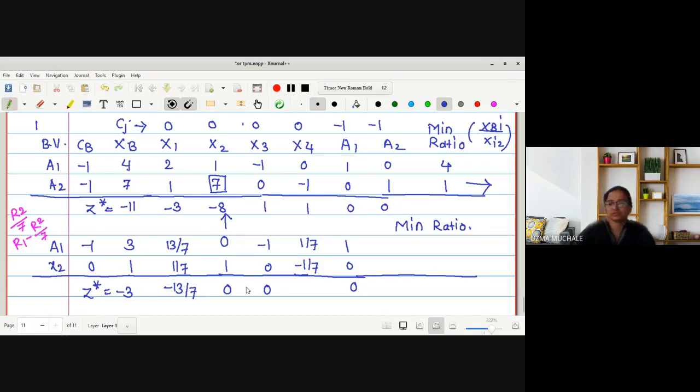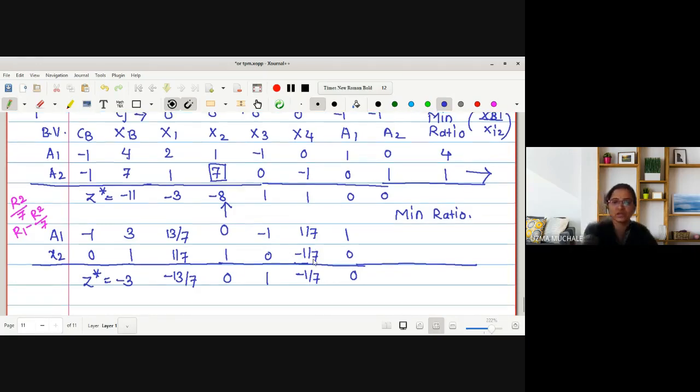Sorry. Plus 1 it is now. Minus 1 plus 1. Next, minus 1 into 1 by 7, minus 1 by 7. For A2, we are not going to calculate. Right? Now we have two negative entries again, minus 13 by 7, minus 1 by 7, which are going to enter the basis.